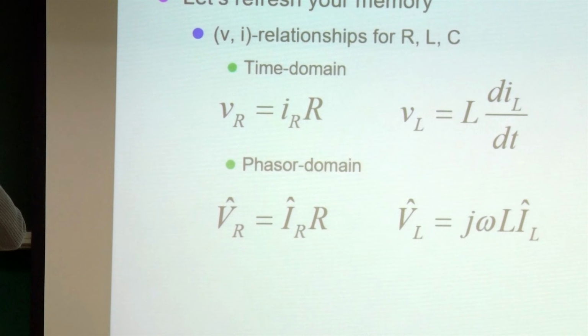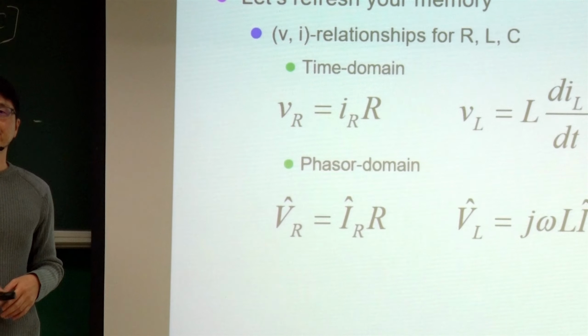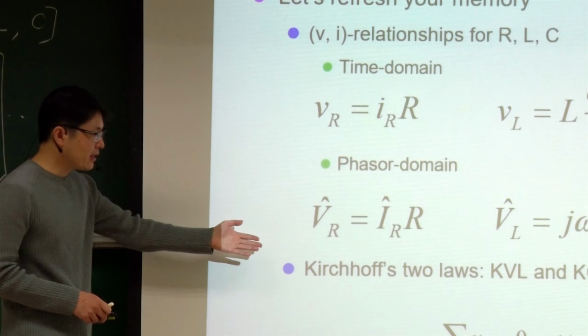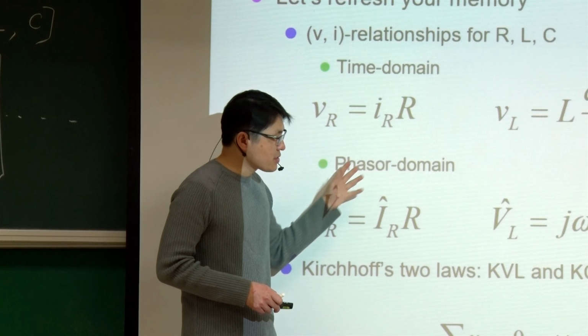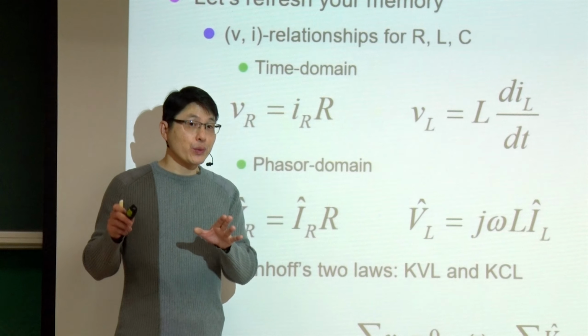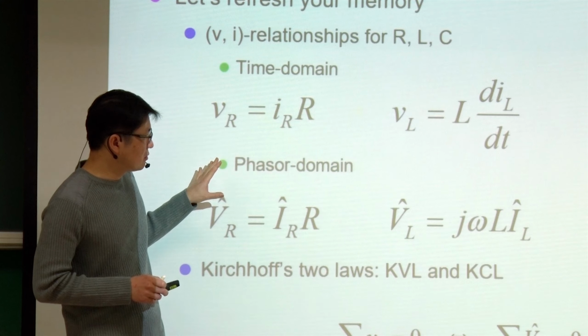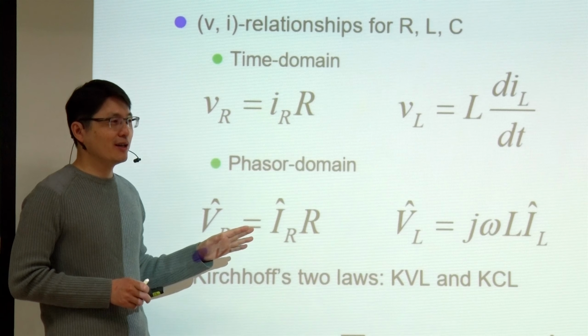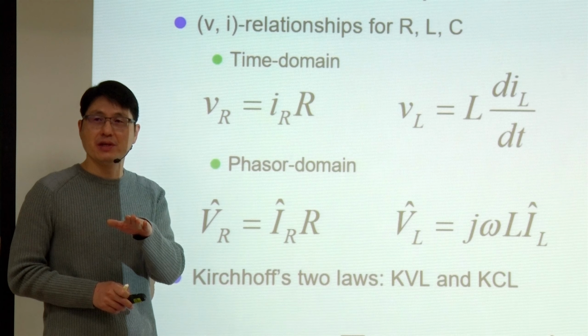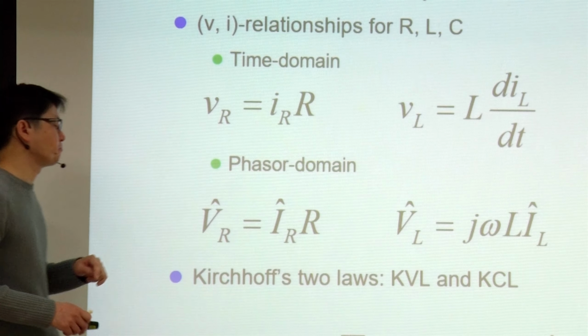You only have algebraic multiplication, adding, subtraction, that's it. So in the end, I want to use everything, if possible, in the frequency domain using phasor representation. After class, try to familiarize yourselves with this transformation.